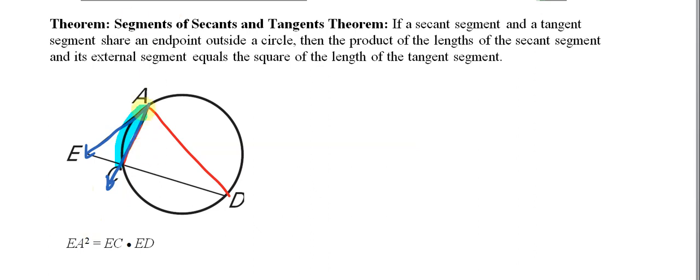But that same arc is also inscribed by angle ADE. Like this red angle right here, it also inscribes that same light blue arc. So that tells us that angle ADE is congruent to angle EAC, because they both inscribe the same arc.